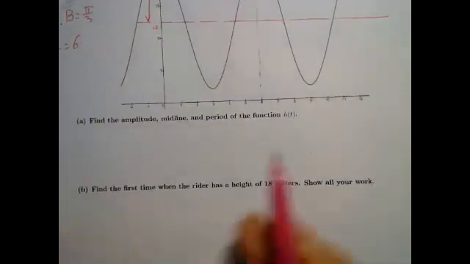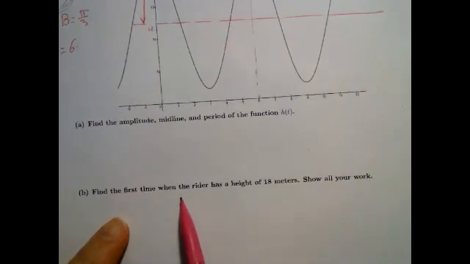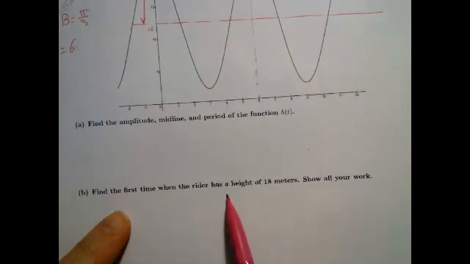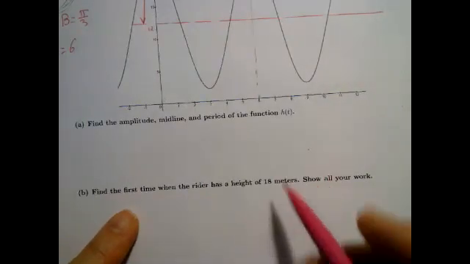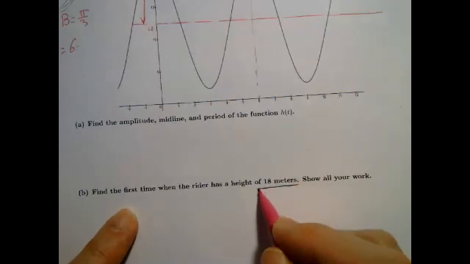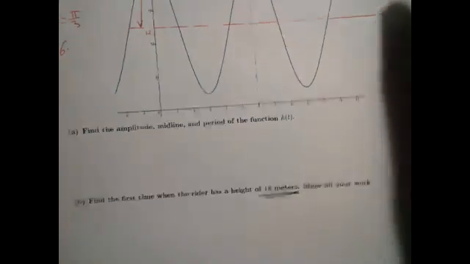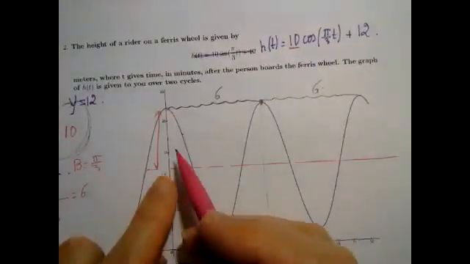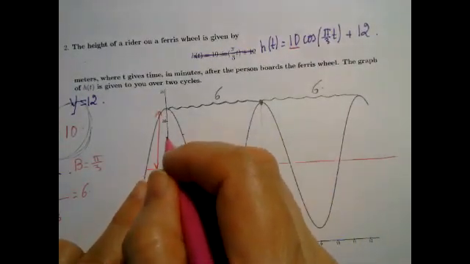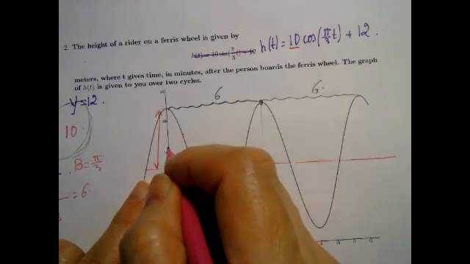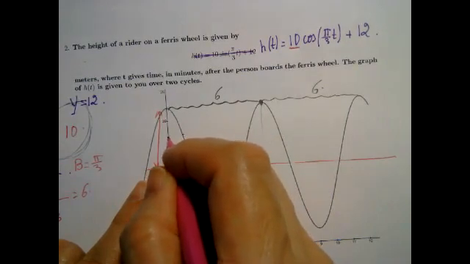Now, the question is, find the first time when the rider has a height of 18 meters. So at some point, the rider is going to hit 18 meters. So if this is 15, 18 should be somewhere in here.